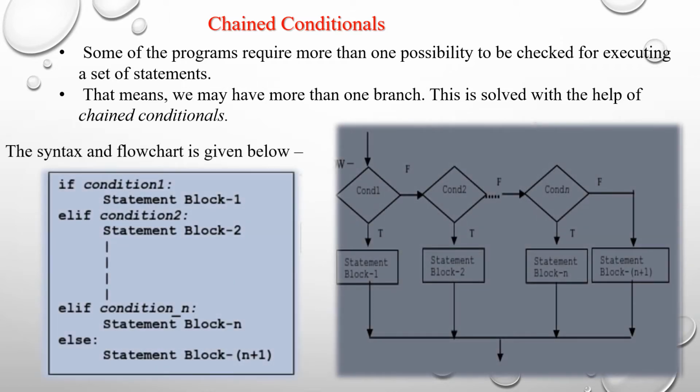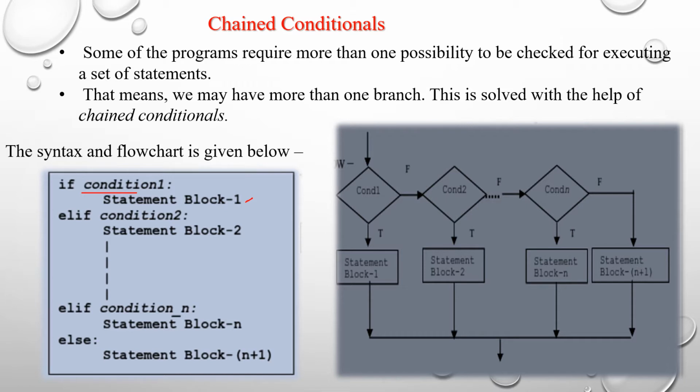So this is the syntax for the chained condition and this is the flowchart. Here the syntax is if condition 1. So here we declare condition 1. If condition 1 is true, statement block 1 is executed.